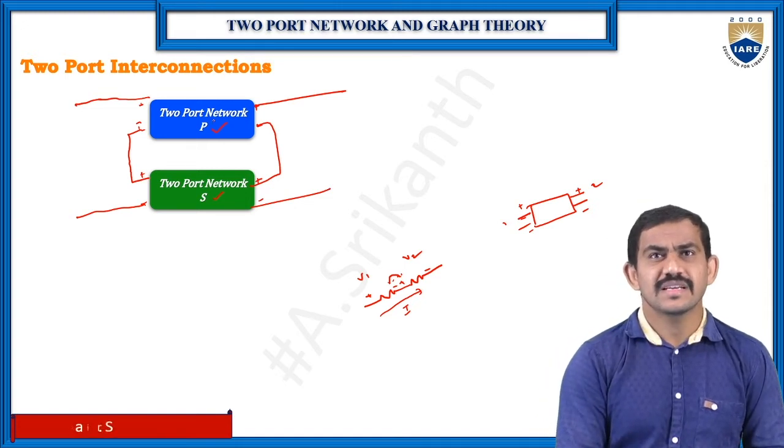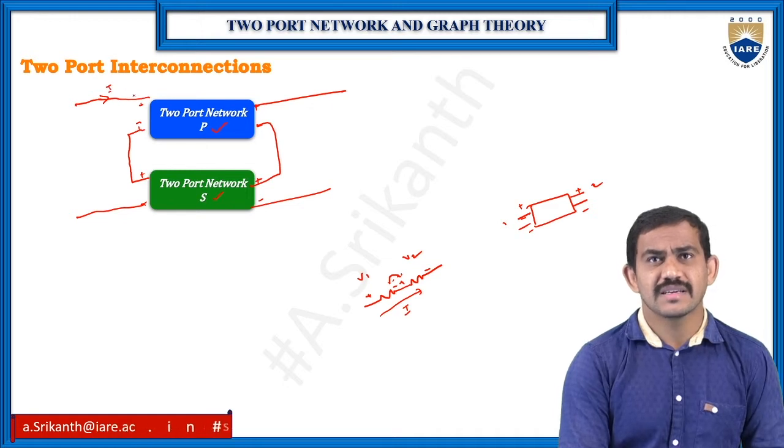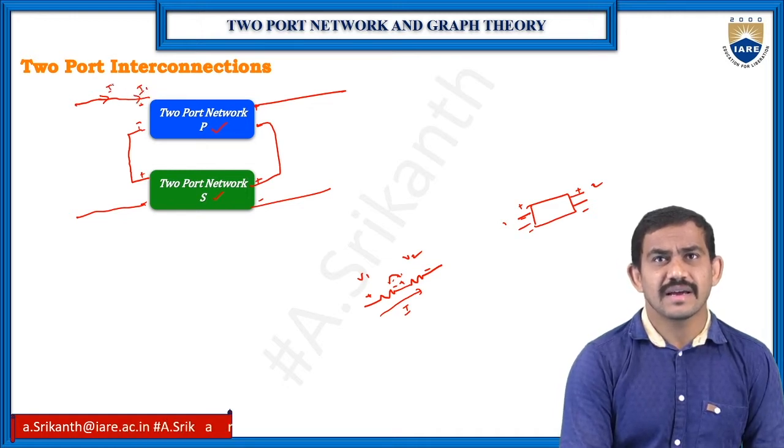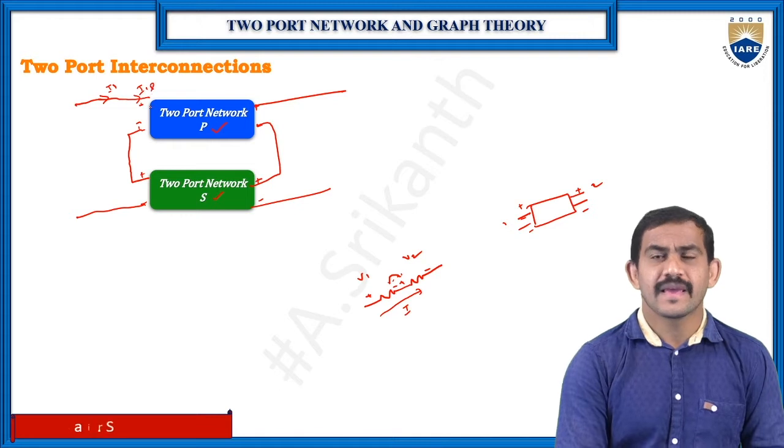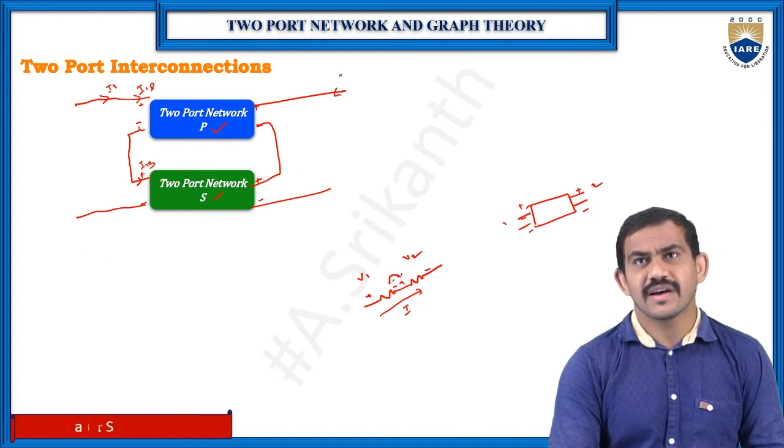Here the current is the same. So here we have I1 of P and I1 of S. In that we have I2.